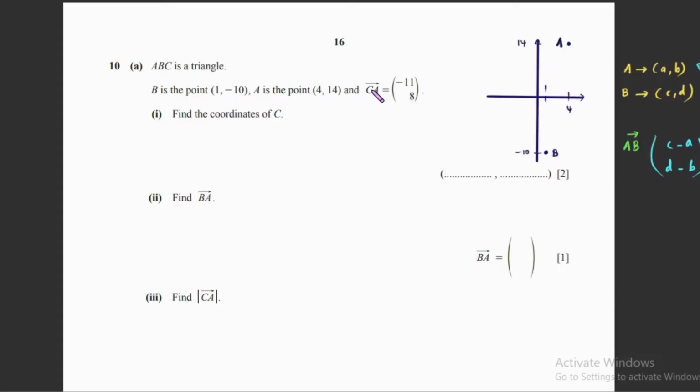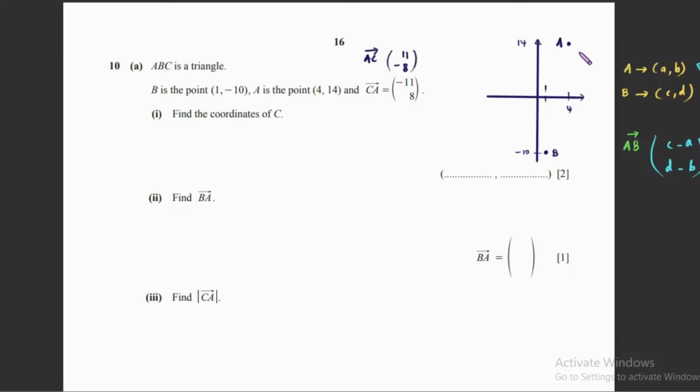And the next one is C to A, which is given to us as negative 11 and 8. C to A is negative 11 and 8, which means A to C is the same values but in the opposite direction. It will be positive 11 and negative 8.